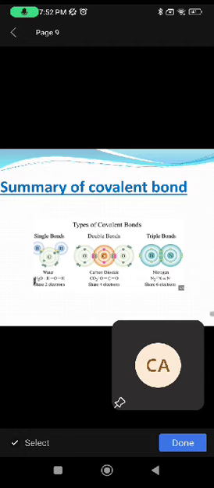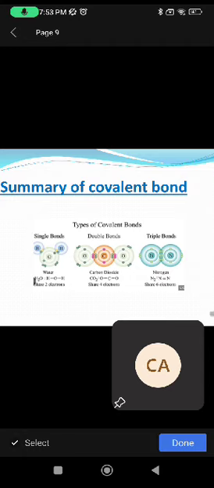This means that we have 2 hydrogen atoms and 1 oxygen. Then we have the double bond, as illustrated in this structure. Its example is CO2.